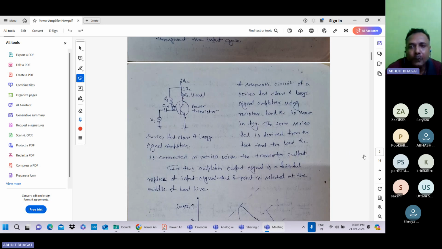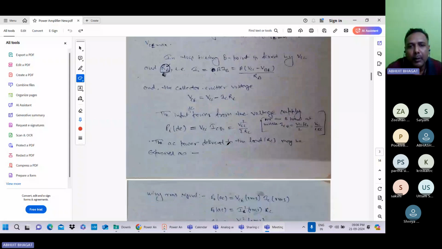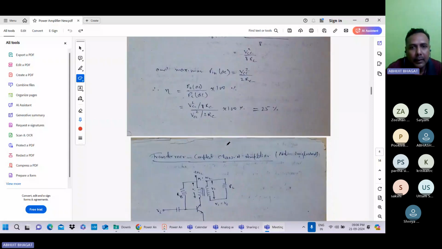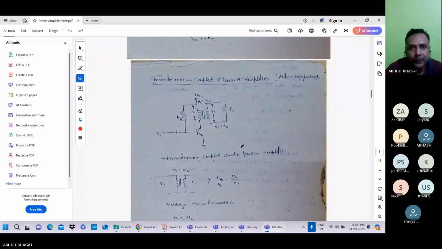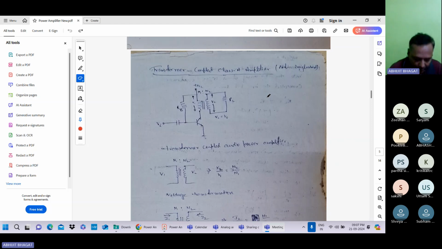All of you know, in case of a transformer there are two sides. One is the primary side and the other is the secondary side. I think all of you studied the transformer in your first year. If you remember, in a transformer there are two coils.